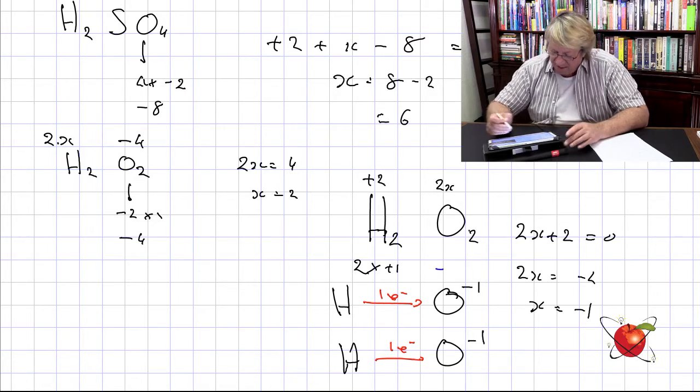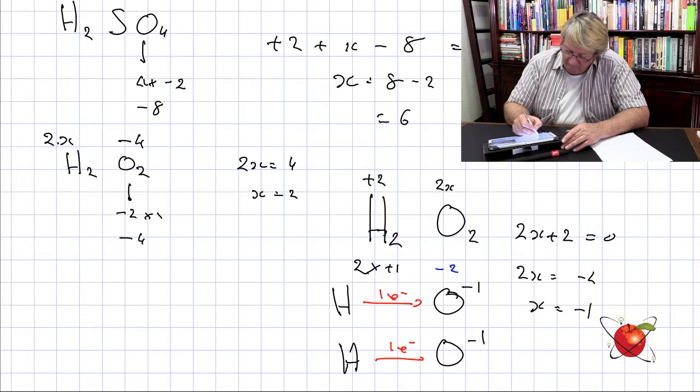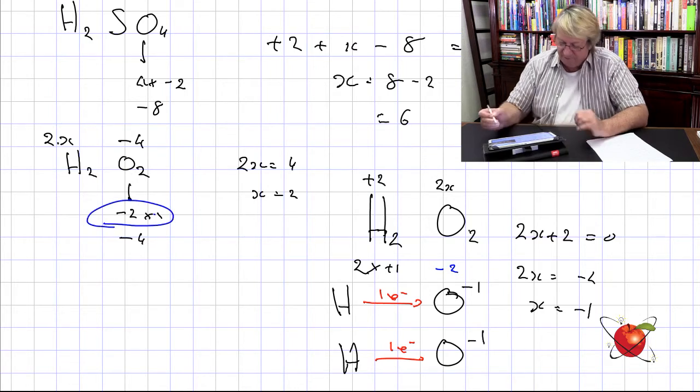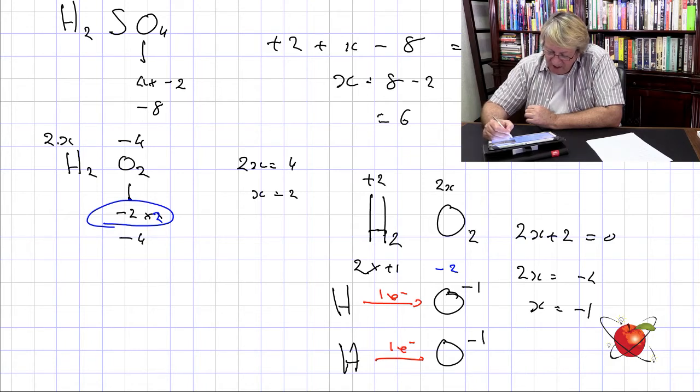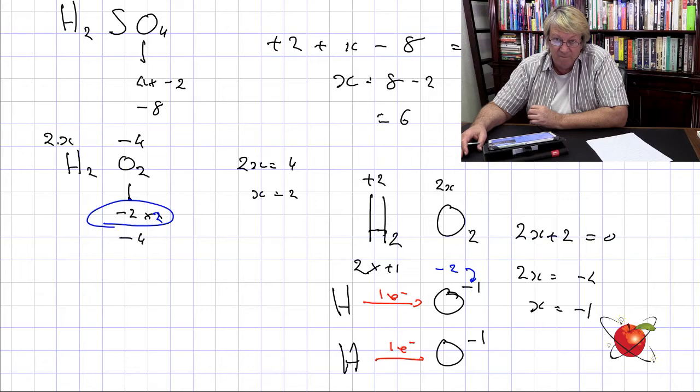Remember, that's where we started off. We said you are -2 times 2. But now in this case, hydrogen's only got one, so the oxidation number actually changes to a -1. Let's say that's the odd one out that we have to look out for.